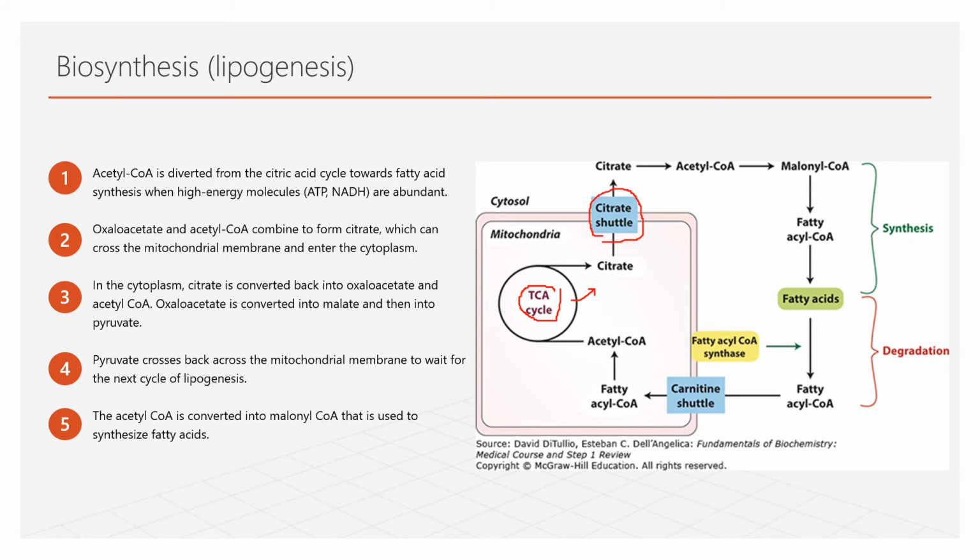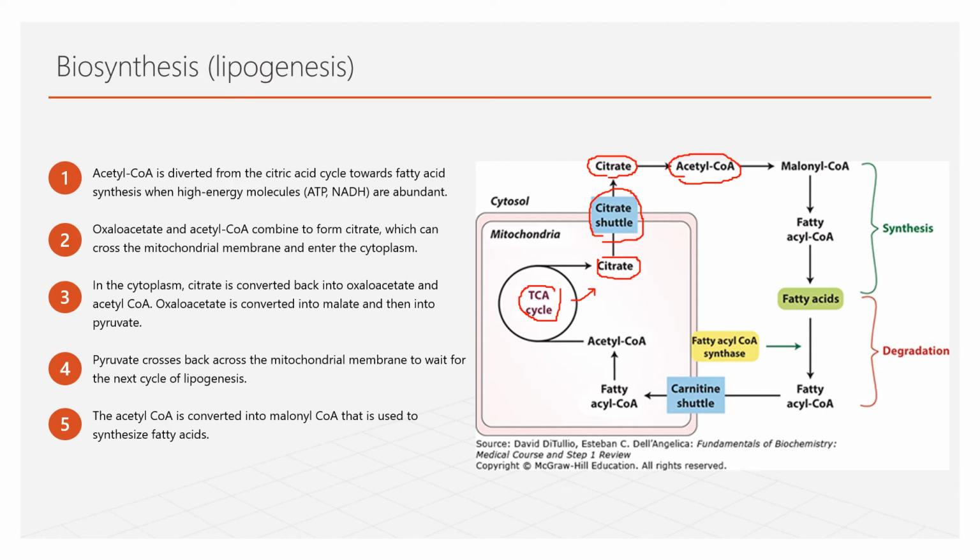In the citrate shuttle, the acetyl-CoA will be combined with oxaloacetate, another molecule, to form citrate. This citrate then will cross the membrane and make its way into the cytoplasm. In the cytoplasm, the citrate will be converted back into acetyl-CoA and oxaloacetate. The oxaloacetate then will be converted into malate and then into pyruvate.